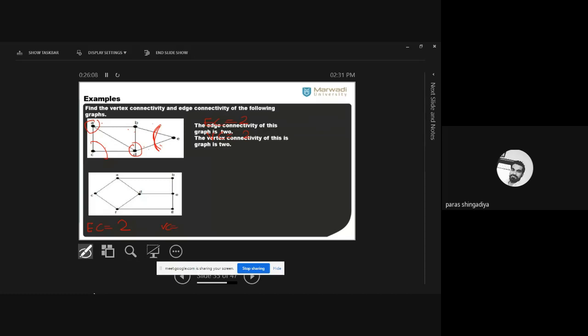Now for vertex connectivity. Sir, 3. Yes, 3 is not the answer. Verify it again.